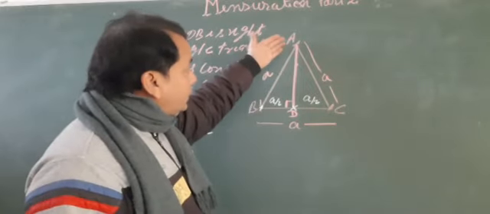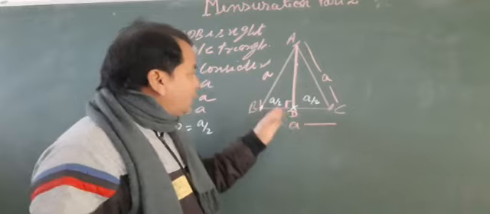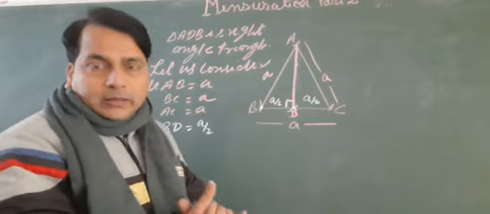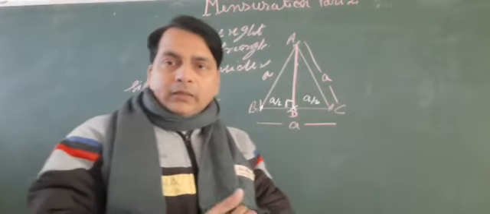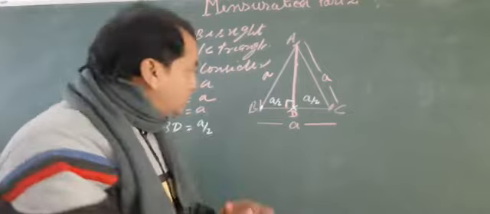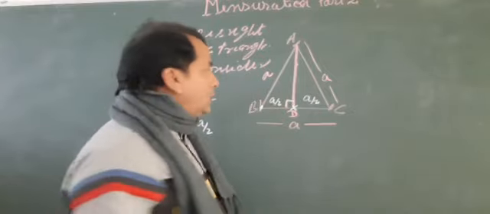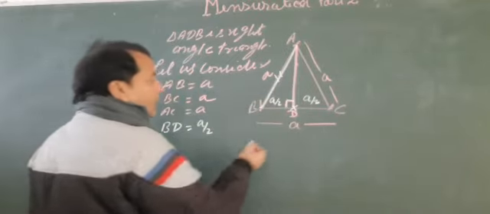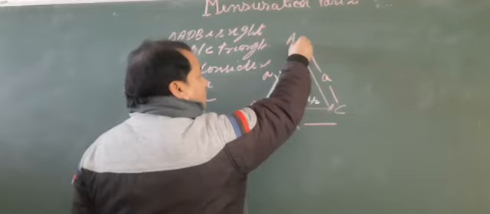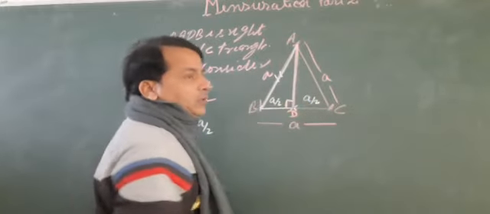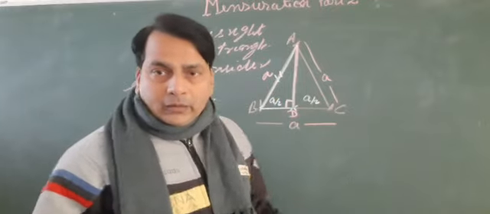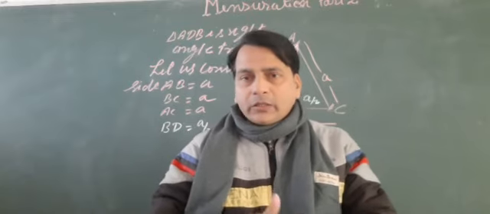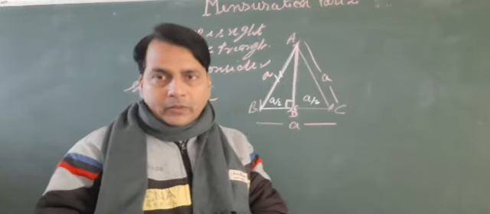In right angle triangle ADB, angle ADB is 90 degrees, and we know that the side opposite the right angle is known as the hypotenuse. So AB is the hypotenuse, BD is the base and AD is the perpendicular. According to the Pythagoras theorem, hypotenuse square equals base square plus perpendicular square.